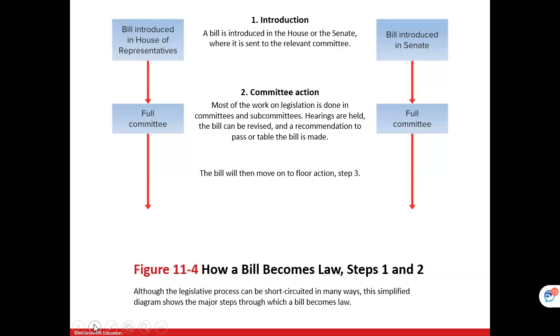Then they vote, and if it gets a majority vote, that means that it has a favorable report, and that report goes to the Rules Committee, where the Rules Committee decides how the bill will be treated, but it goes to the full body.